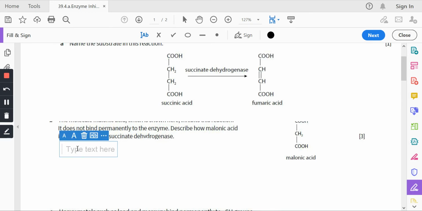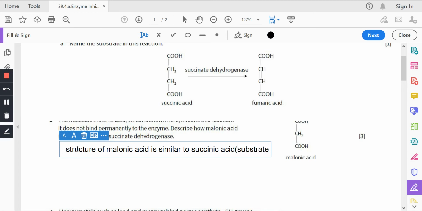So first thing I am going to say is structure of malonic acid is similar to succinic acid. In bracket I am going to make the examiner know that I know that I am saying that my inhibitor is similar to the substrate.